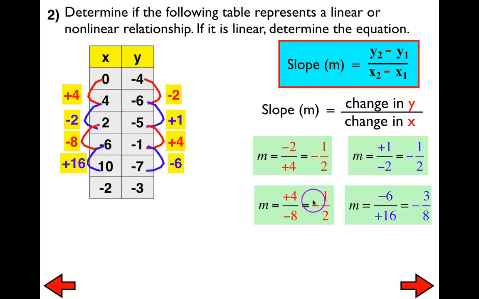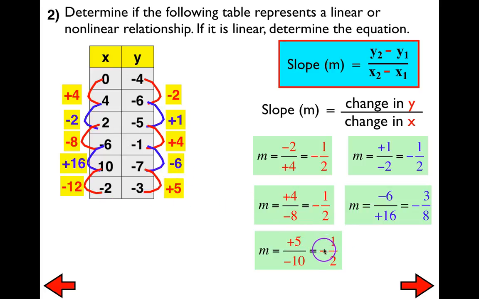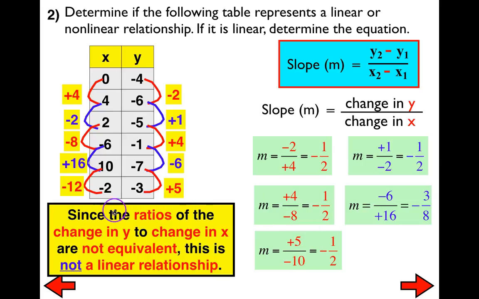So do I need to go further than that? No, because if you go ahead and do it, you're going to realize this is the same, but it doesn't matter. This is not a constant rate of change in comparison to everything else. So guess what? Since the ratios of the change in y and change in x are not equivalent, this is not a linear relationship.